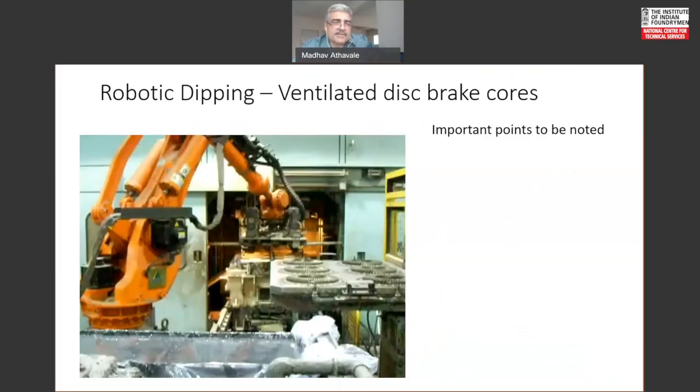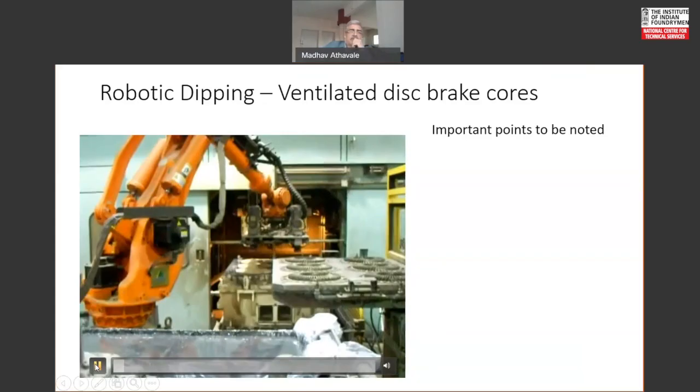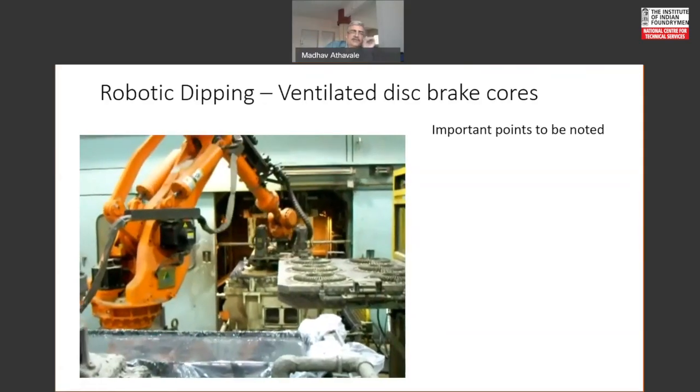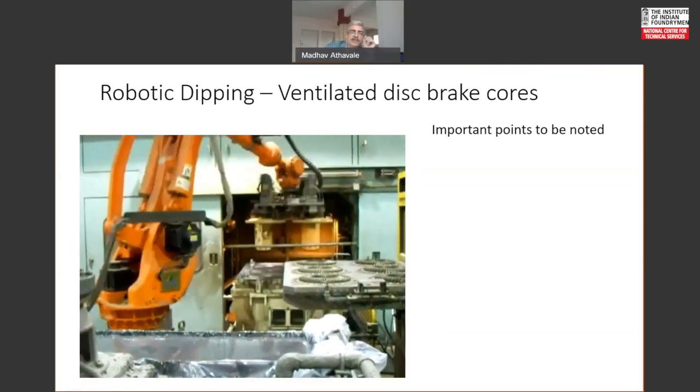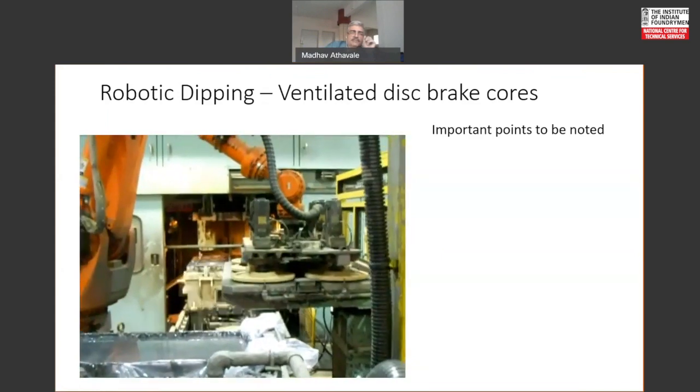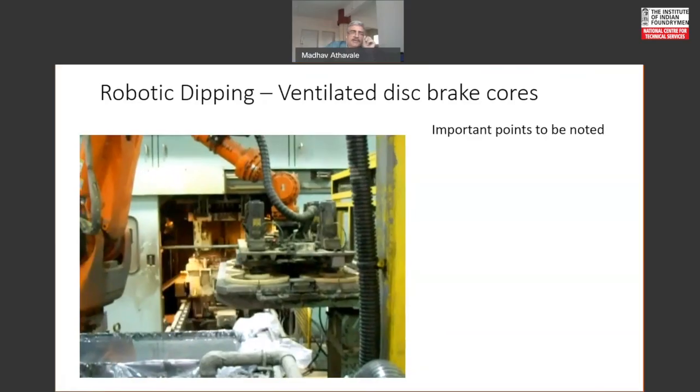So here is a case of robotic dipping of a ventilated brake disc core. There is a core shooter, then adjacent to that is this robot which is picking up the cores from the core box. They are getting trimmed.